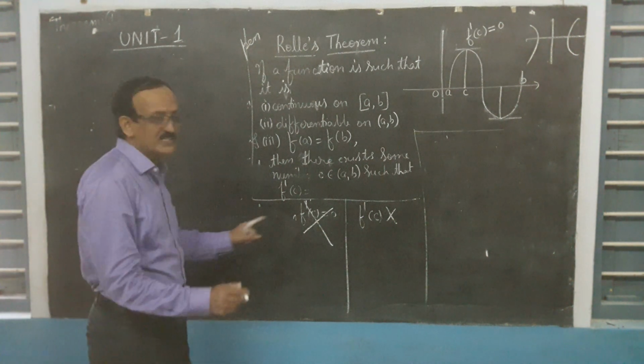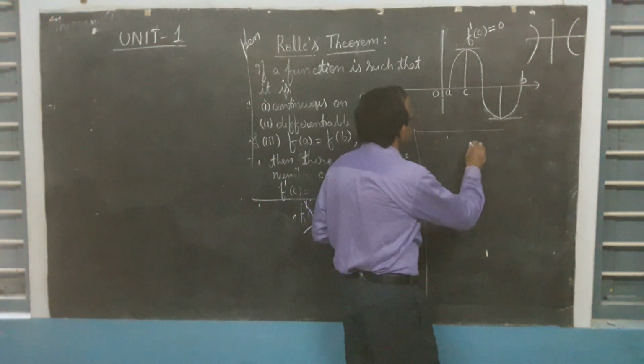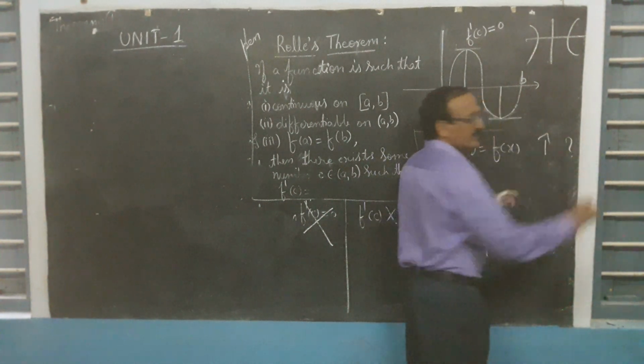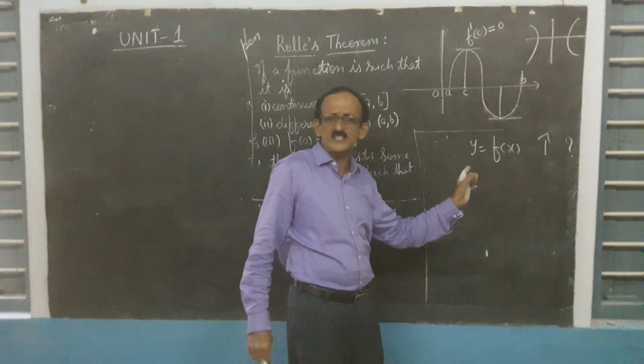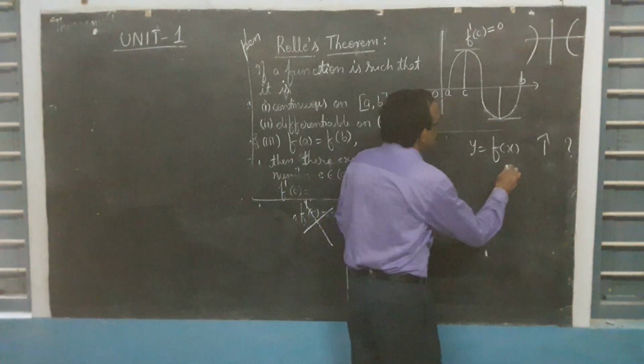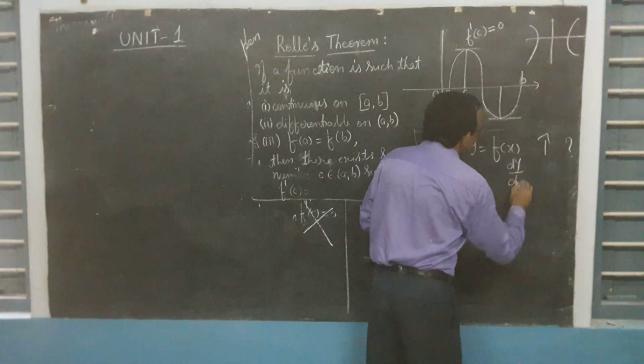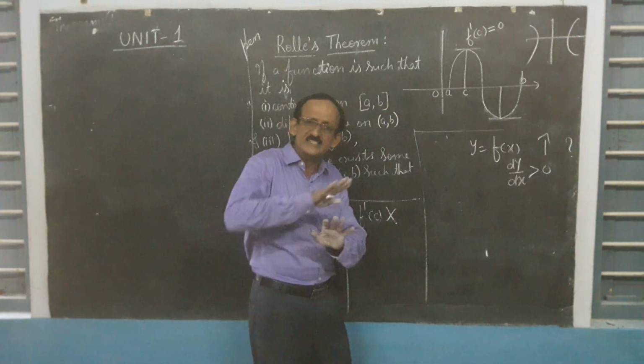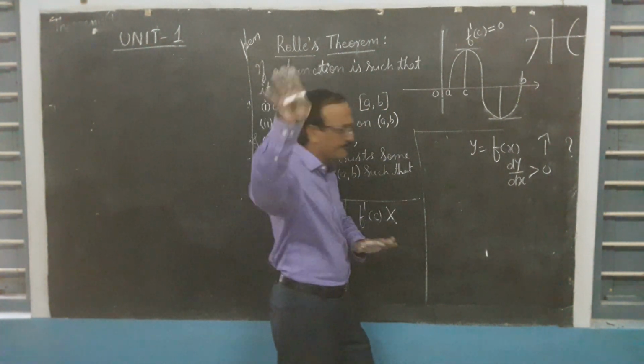Prior to this, I have just mentioned the condition for increasing and decreasing. You have studied in PUC that a function y equal to f of x is increasing if dy by dx is greater than 0, that is, the derivative value is greater than 0, then the function is increasing, climbing up.